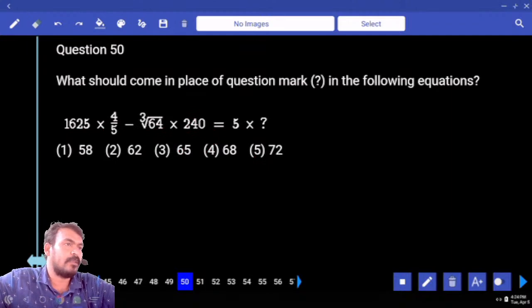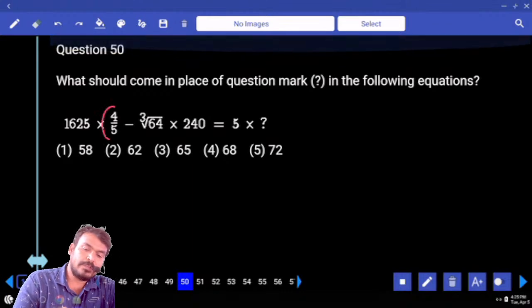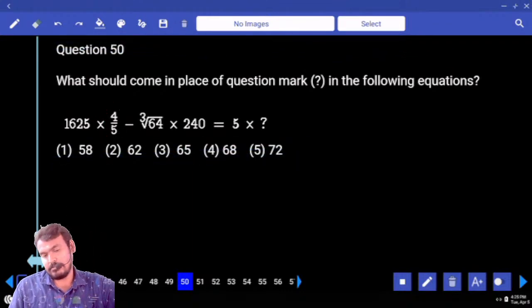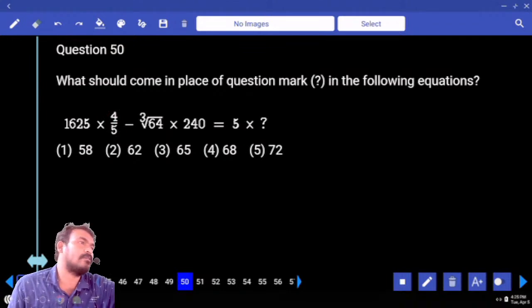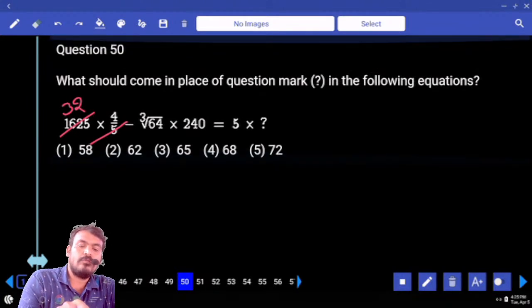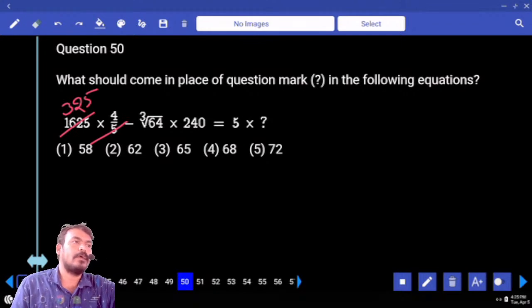Next question number 50. 1625 into how much value? 4 by 5. First, 4 by 5 means it is 80%, or not? Compared to 80%, division is easier, or not? Okay. 5 how many times? 3 2 5, or not? 325 into how many times? 4 times. 4 into 300 is 1200. 4 into 25 is 100.